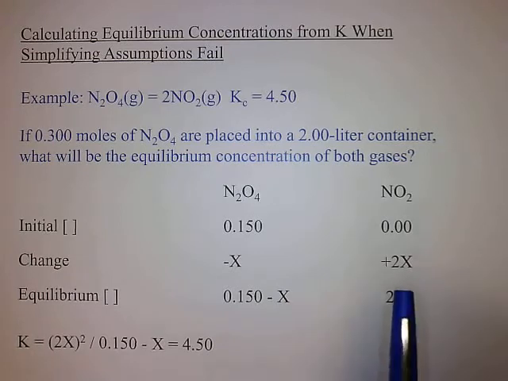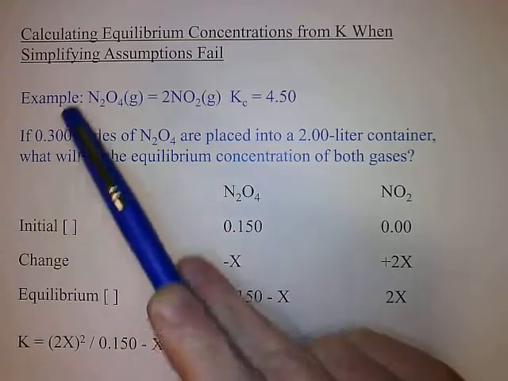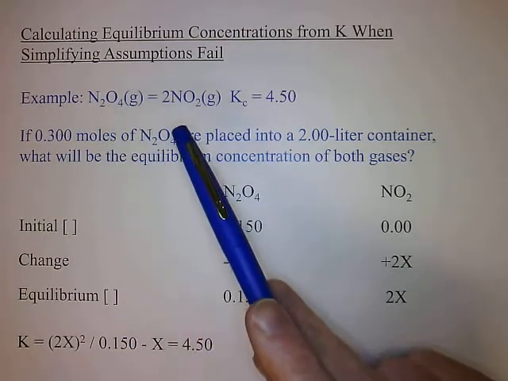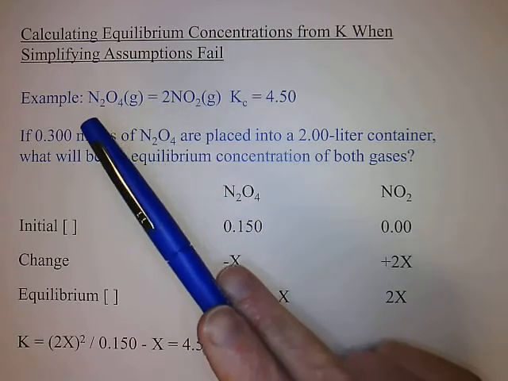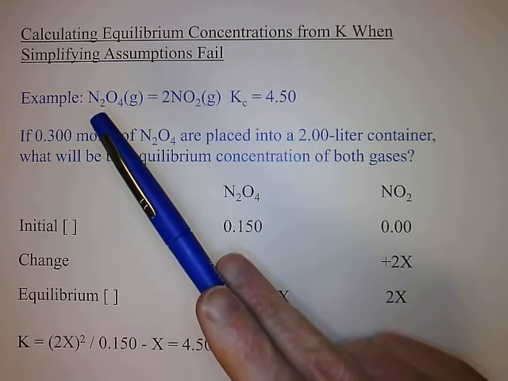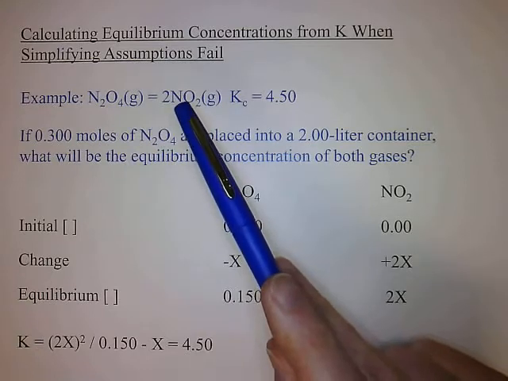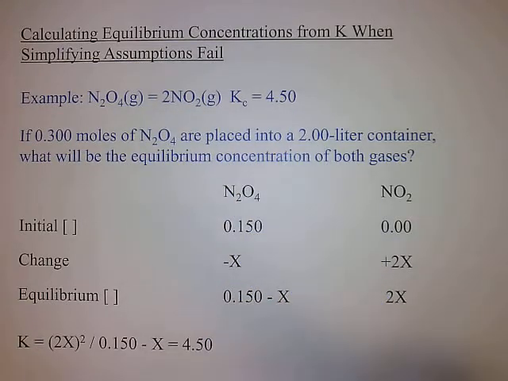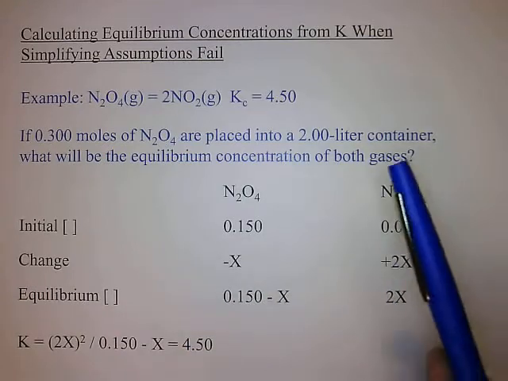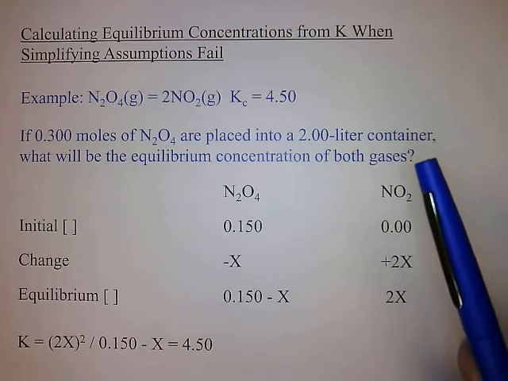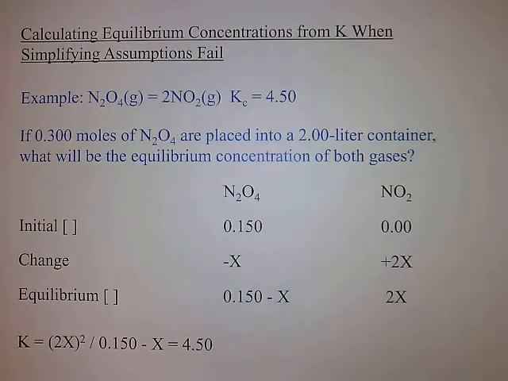So the reaction is going to shift to the right, because we start with all N2O4 and no NO2. So this will go down and this will go up until the ratio becomes equal to 4.5. So we'll let X represent the amount by which it shifts.